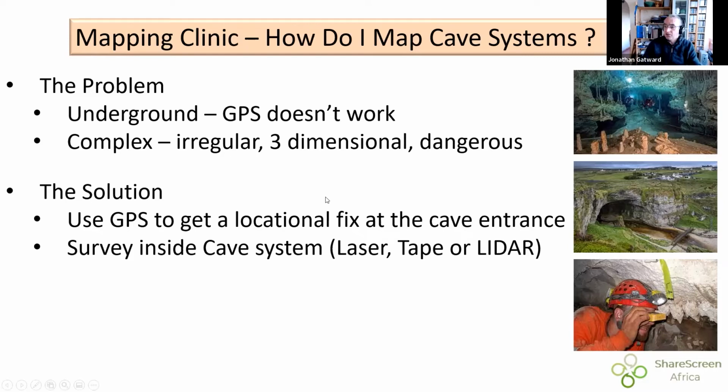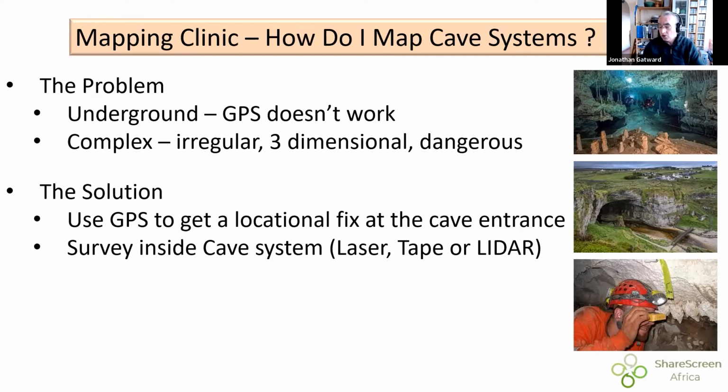So the solution to mapping a cave system is using a combination of techniques. We can use GPS outside in the open to get a good locational fix at the cave entrance. But then once you're inside the cave system, we use a number of other survey techniques to reference back and tie in to that GPS locational fix at the entrance.